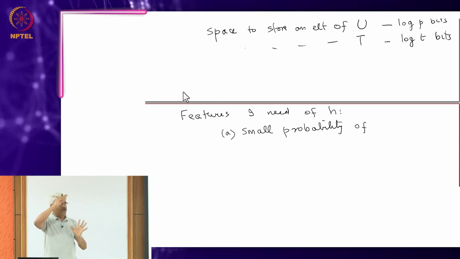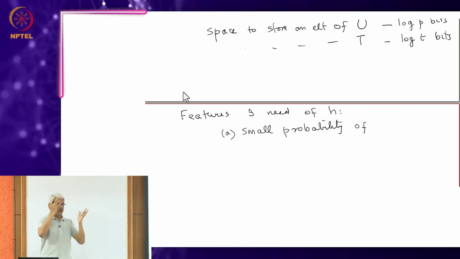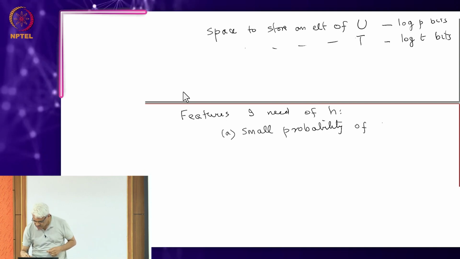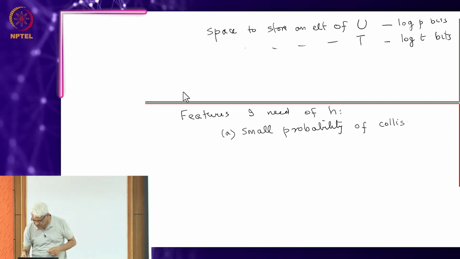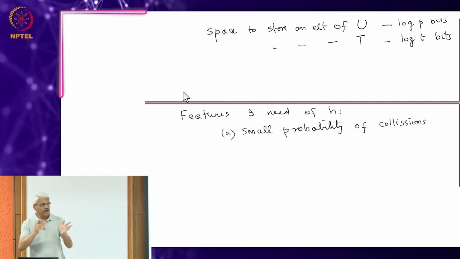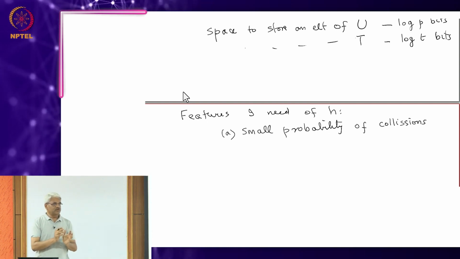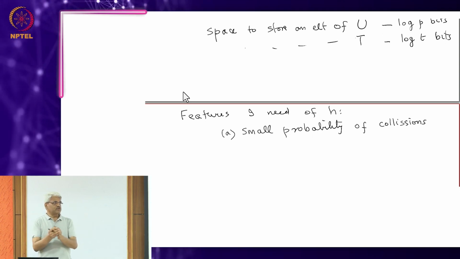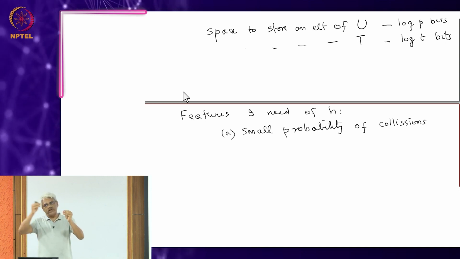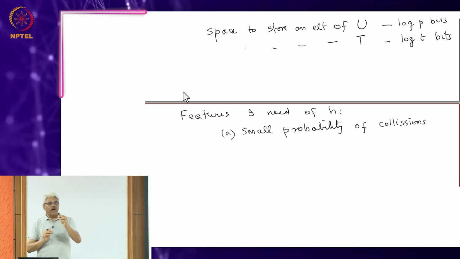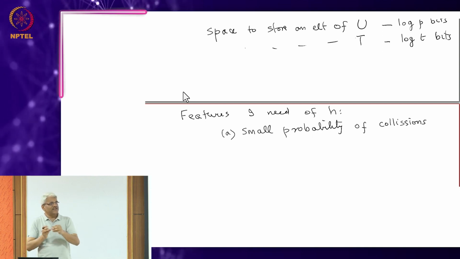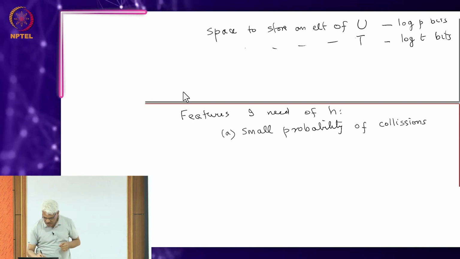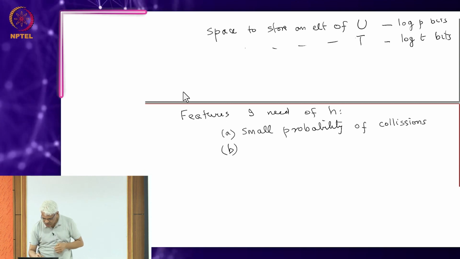There is a word for it. Collision, exactly, right. So in hash function terminology, I want a small probability of collisions. Of course, the tool we are going to use to deal with this is randomization. Okay, that's what we have been seeing, and we will do some probabilistic analysis. So instead of storing x, we will store h of x, and if h has the nice property that it has a small probability of collisions, that's good for me. What else do I need? Well, I want h to be easy to compute.